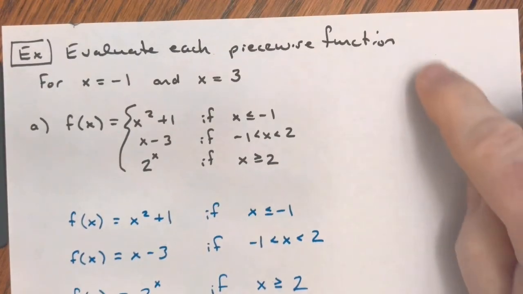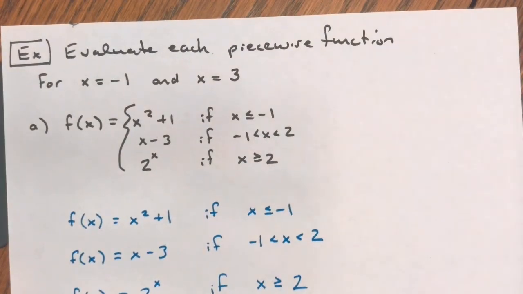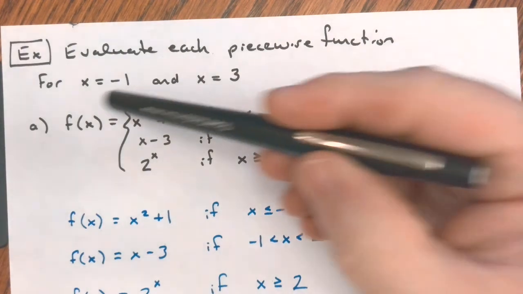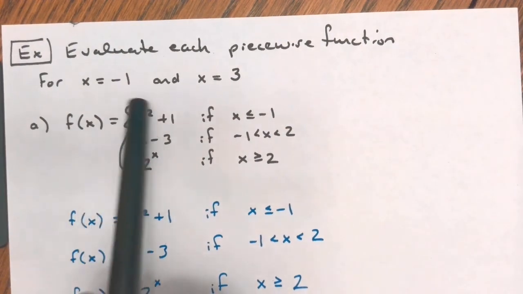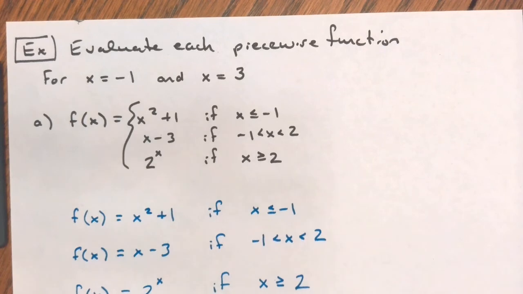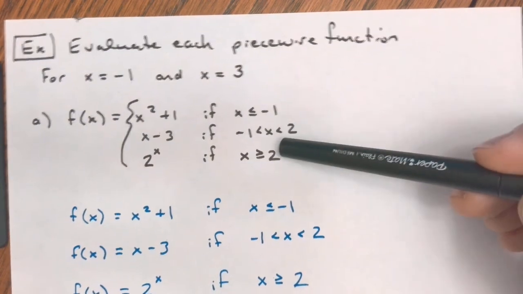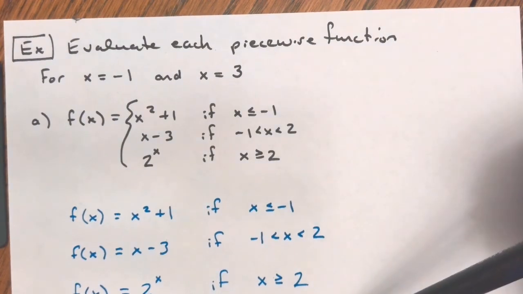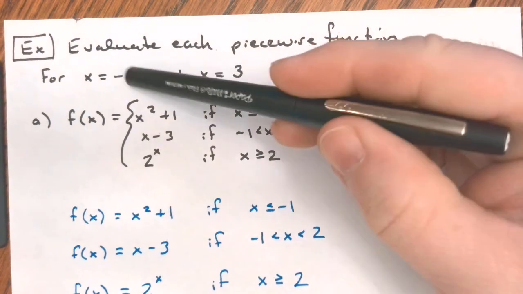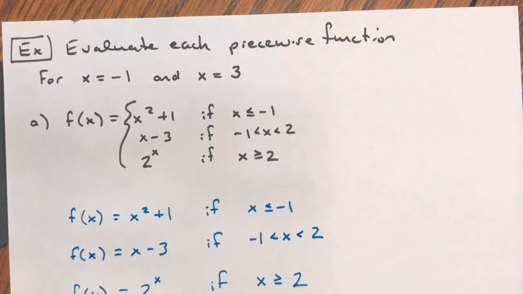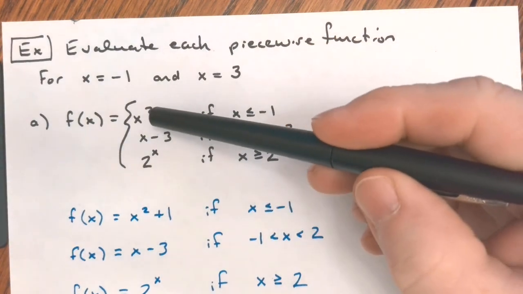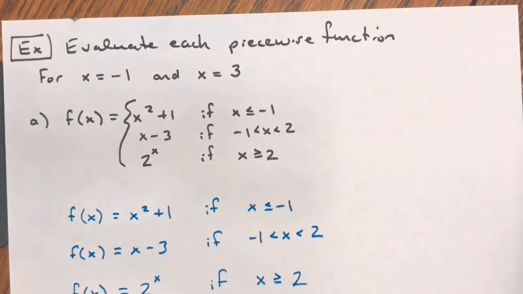So for these problems where you're evaluating a piecewise function, they're going to give you something that looks like this. You'll have f of x equals with a bracket and some equations here, along with some constraints after the word if. You'll only plug the values for which you're evaluating into one of the equations, and you'll base that on the constraints that are over on the right side.